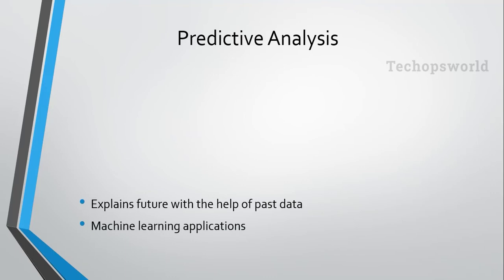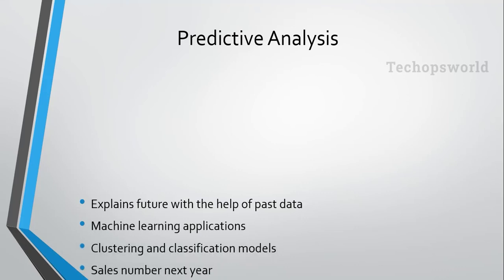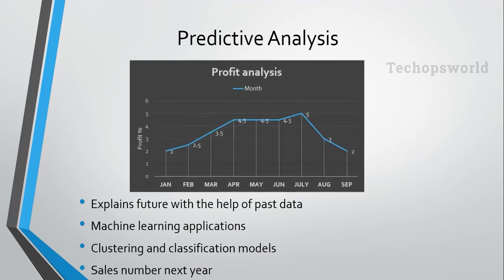So the next is predictive analysis. Predictive analysis gives us insight into the future with the help of our past data. We can do this with machine learning applications. The basic ones are clustering and classification models. For example, what will the sales be next year? Say we took all this data from the year 2022.